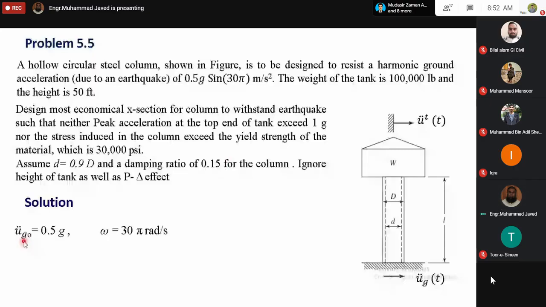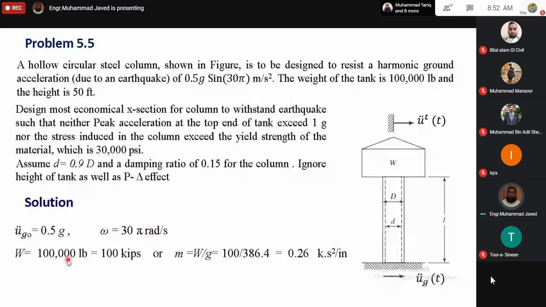And the frequency of this acceleration is 30 pi radian per second. Weight of the water tank is 100,000 pounds or 1,000 kips, from which we can calculate the mass. Yield strength is 30 ksi. Other information is also shown.